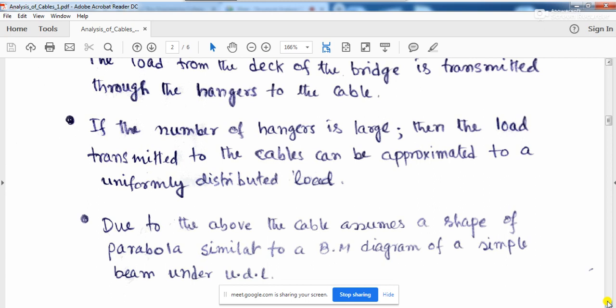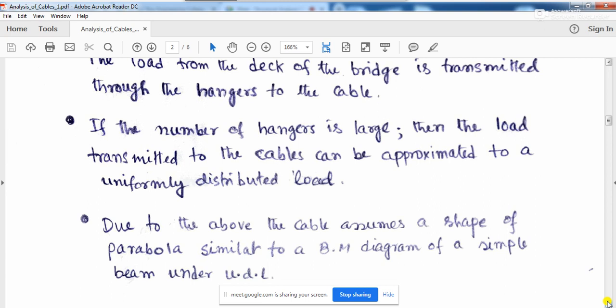Due to this condition, when the hangers are very closely spaced, the cable will assume the shape of a parabola. If the UDL is coming and the cable cannot take any bending moment, it will take all the forces coming from the bridge deck through the hangers using the mechanism of tension.